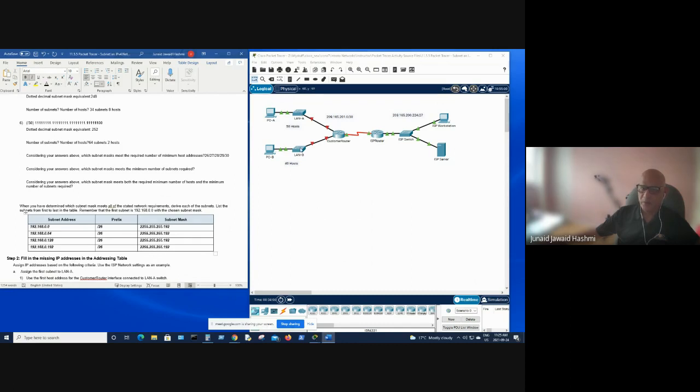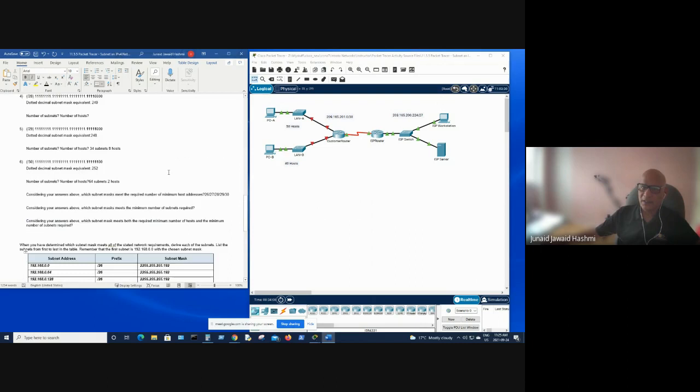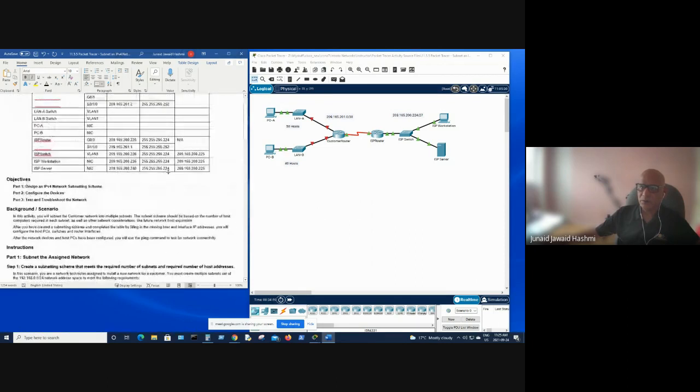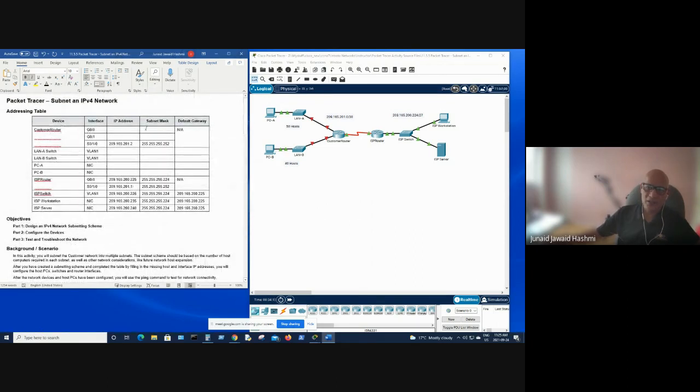This network could be 192.168.0.64. So these are the two networks. And then you assign the IP addresses to this network, so you have to assign the host IDs from that network.